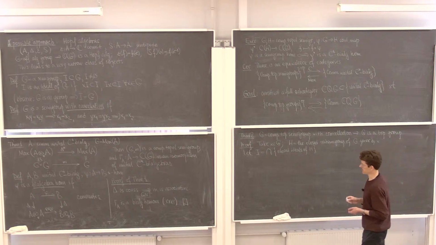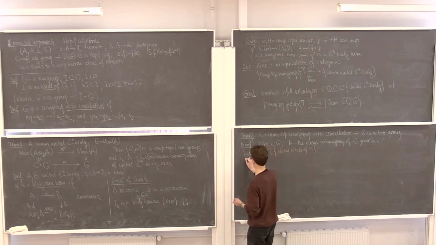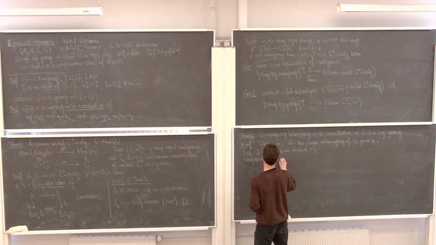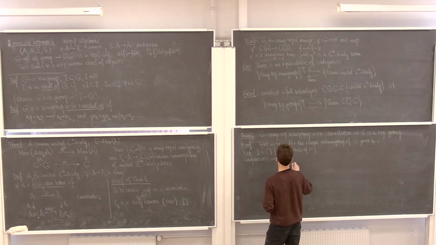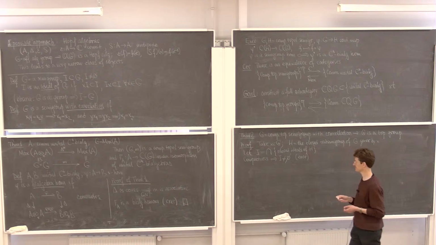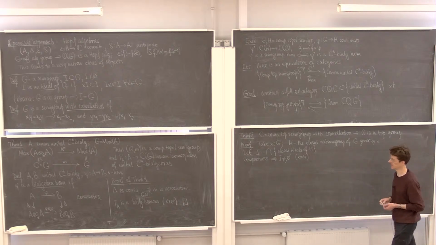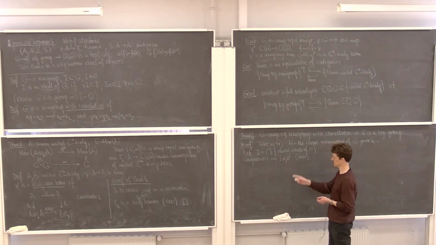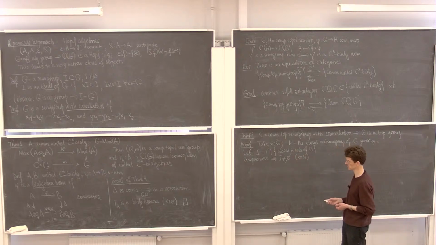Now, a standard compactness argument implies that I is non-empty. This is a useful exercise in general topology. Basically, we have to check that this family satisfies the finite intersection property.